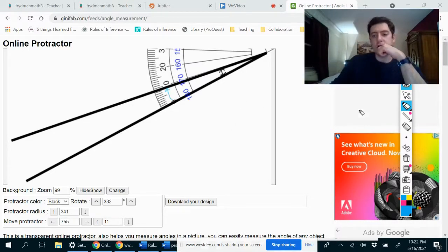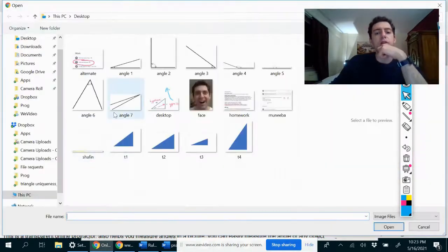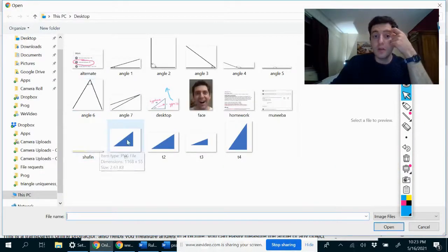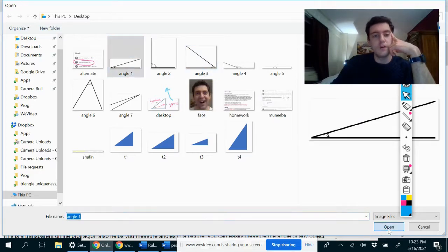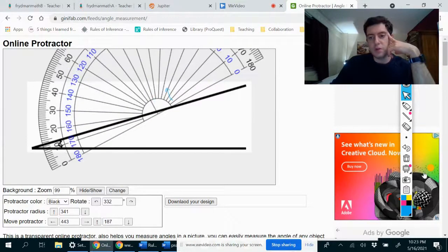Okay, now let me actually use one of the angles that we did earlier. I'm just trying to think of which one would be the easiest to use. Let's go back to the very first one. Okay, so we did this one already.